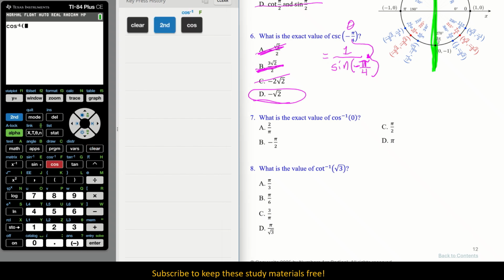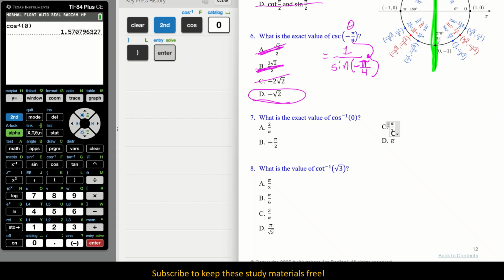Okay, so second inverse cosine 0. You should already know what that is, but I do know that 2 divided by pi is less than 1 because of the pi. Think about if you rounded it to 3, 2 over 3 is 2/3, that's 0.666. So there's no way A's it. That's why I said A just simply didn't make sense.